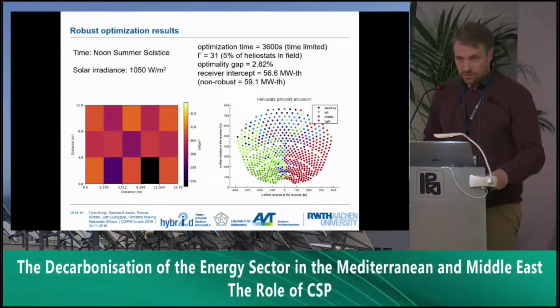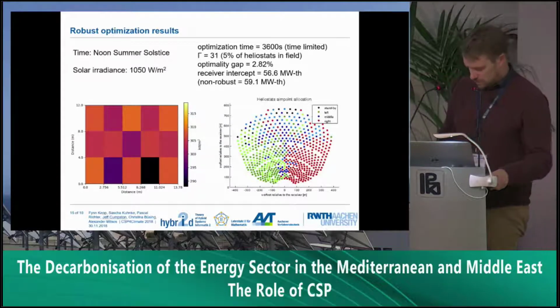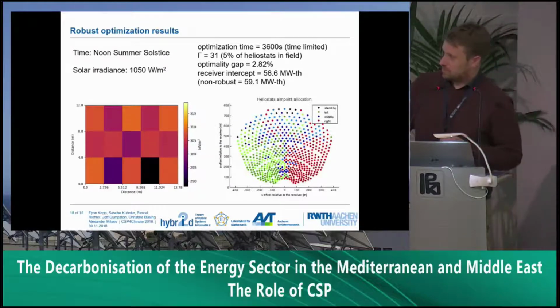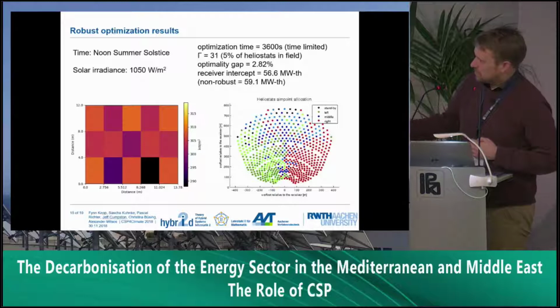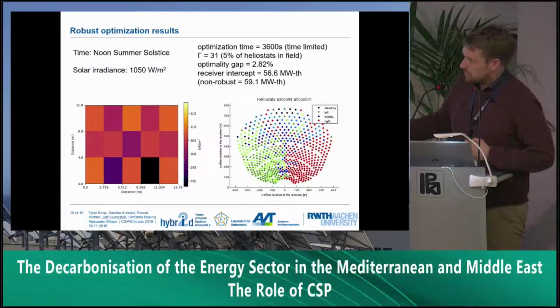So here again, we've got our receiver. Now by imposing this robustness, the total receiver intercept has gone down by making this compromise. And we can see on the receiver between adjacent points, I didn't realize that my mouse cursor wasn't showing on there, we can see that we've got a sort of alternating pattern here, where a subset of the heliostats have exhibited the worst case behavior by all pointing towards alternating bins on the receiver in order to provide constructive interference.